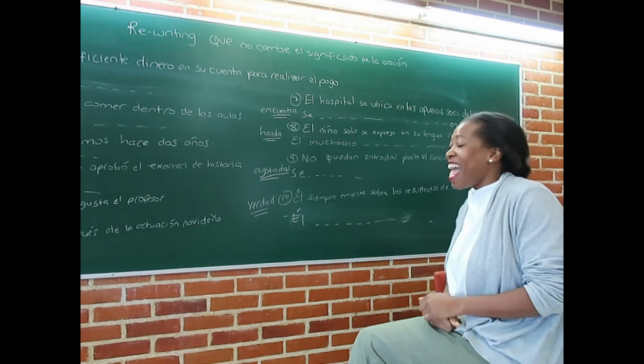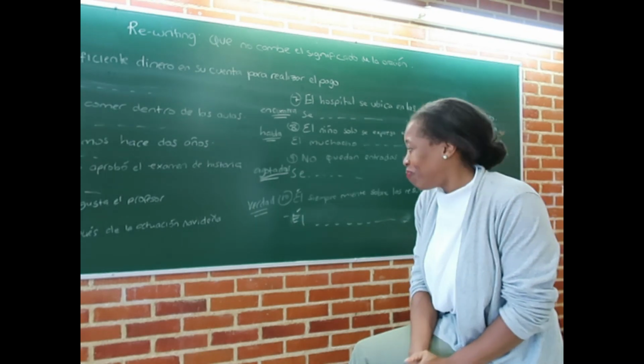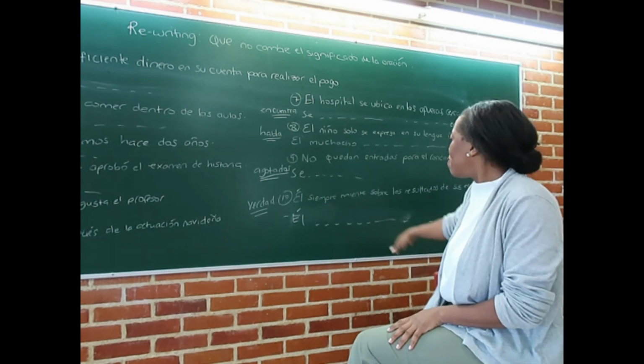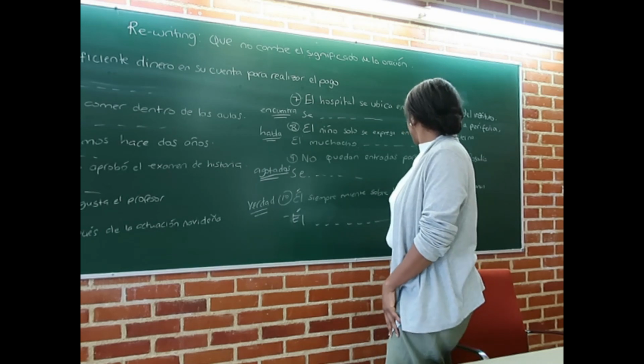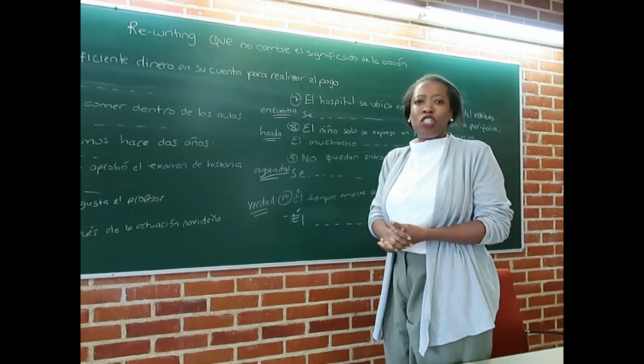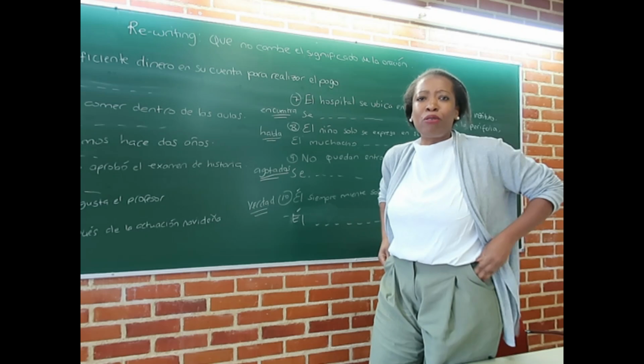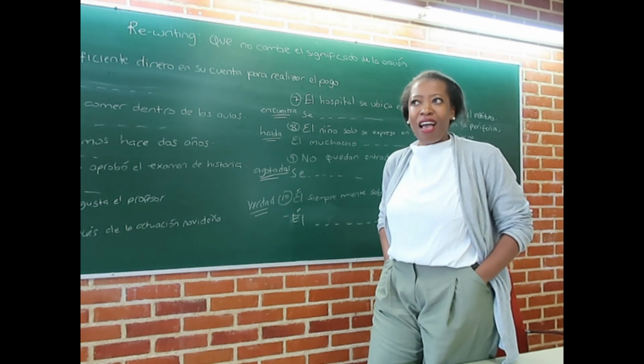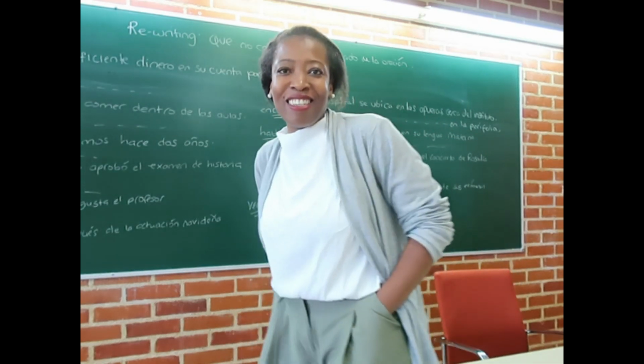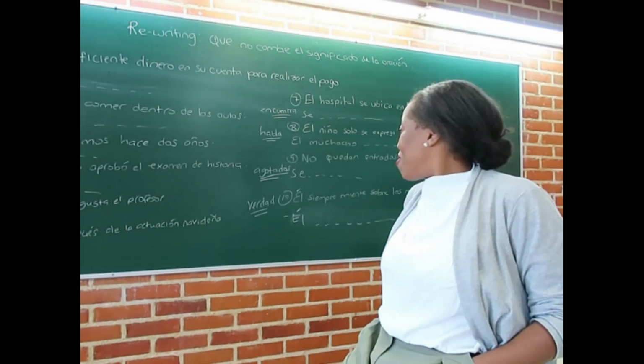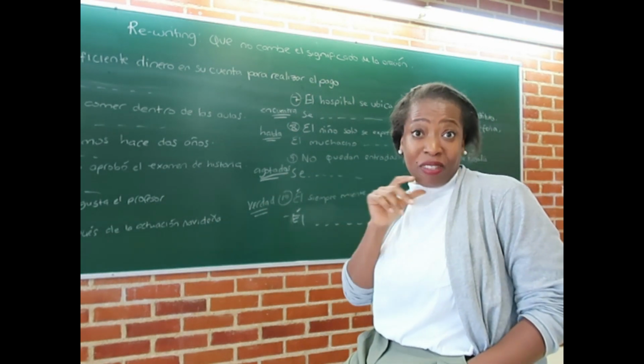Right. And the last one, number 10, él siempre miente sobre los resultados de sus exámenes. So he always lies about his exam results. Yeah, we all know someone like that. And the word that you have to use is the opposite.